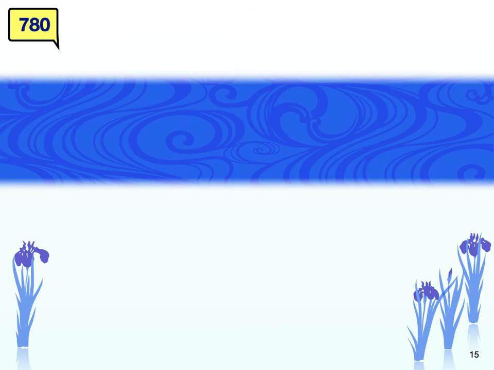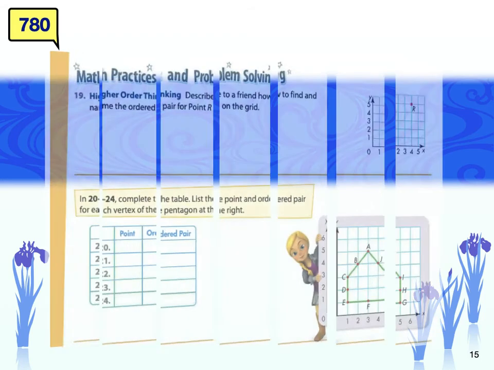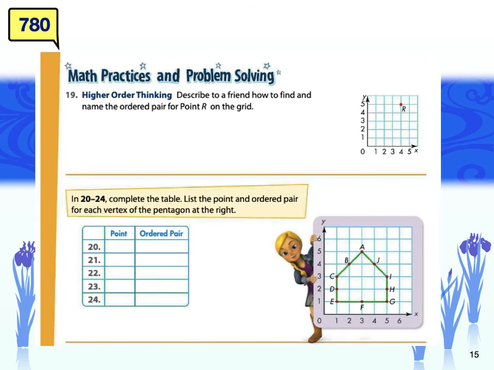Let's have some problem-solving part on textbook page 780. Question 19. Describe to a friend how to find and name the ordered pair for point R on the grid. So the point R is drawn on our coordinate grid. So how are you going to describe to your friend how to find the name of the ordered pair of this point R?